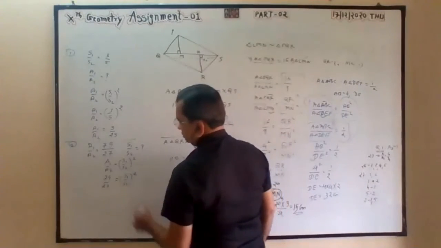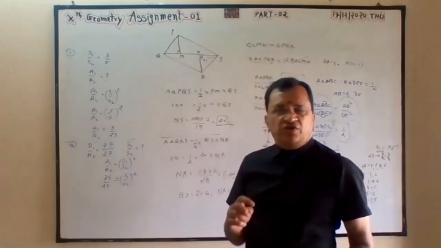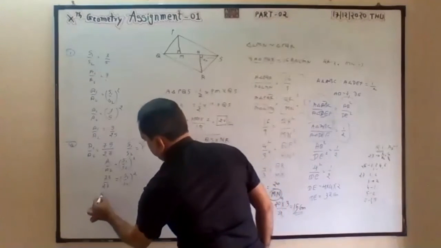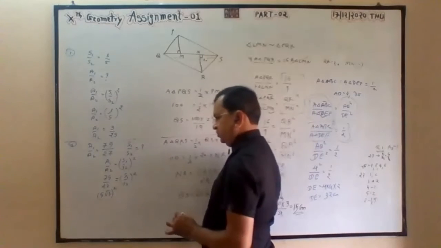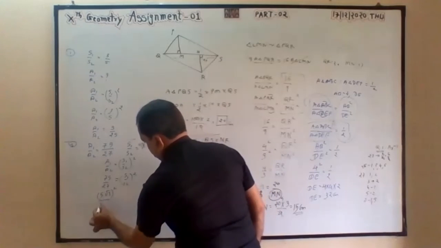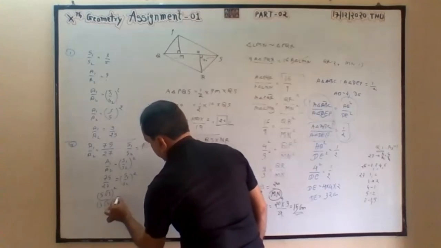So square root of this is not possible. So this is 5 into 5 into 3. So it is 5 root 3. And this is 3 3s are 9, 3 9s are 27. So 3 root 3 square.